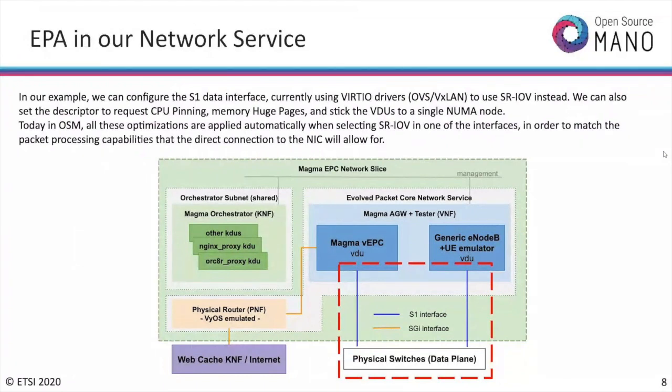But since OSM is more tied to be used in real environments, and in order to simplify things for the operators, the first approach was to enable the complete thing to get the most performance when you use SR-IOV, or nothing.